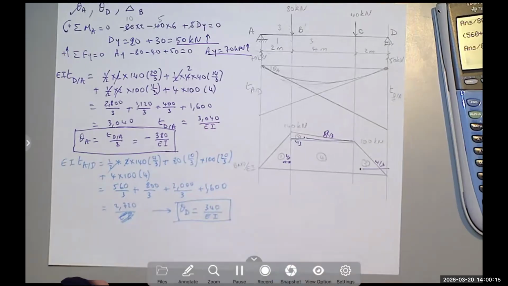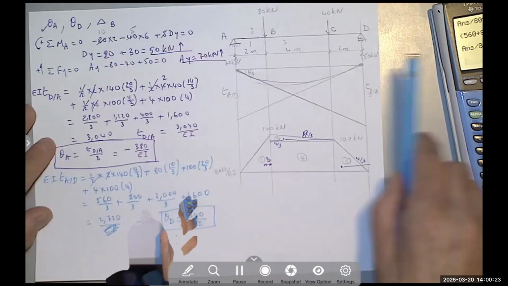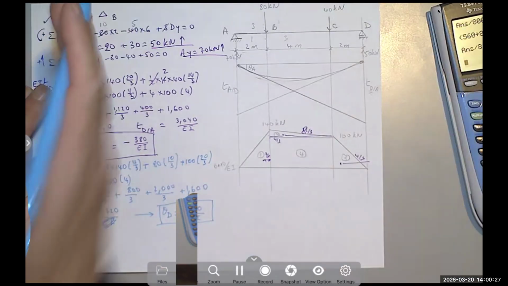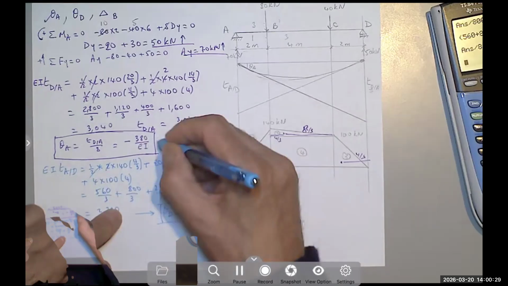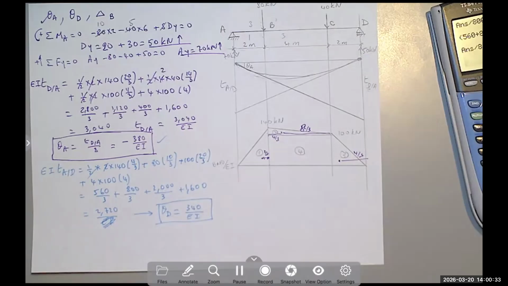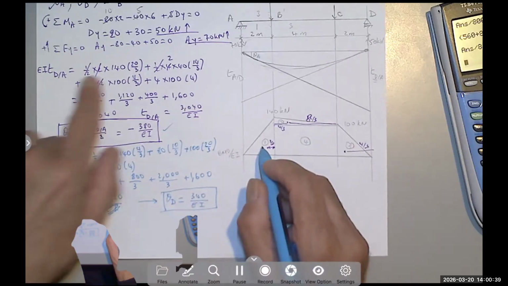It would have been much easier if we say, remember what we said, the slope of one point compared to a slope of another point that I already know equals the area of the bending moment diagram between them divided by EI. What is the area? The area, notice it's without multiplying.